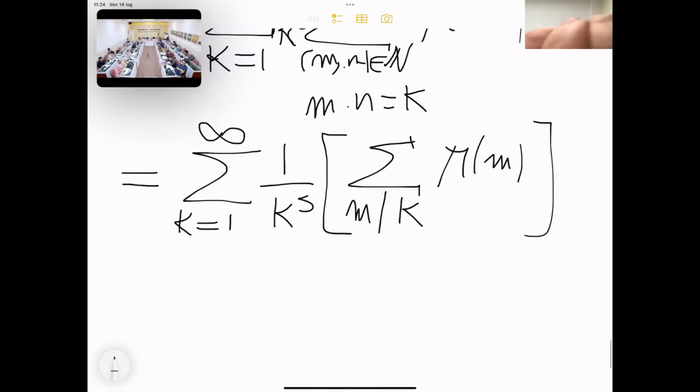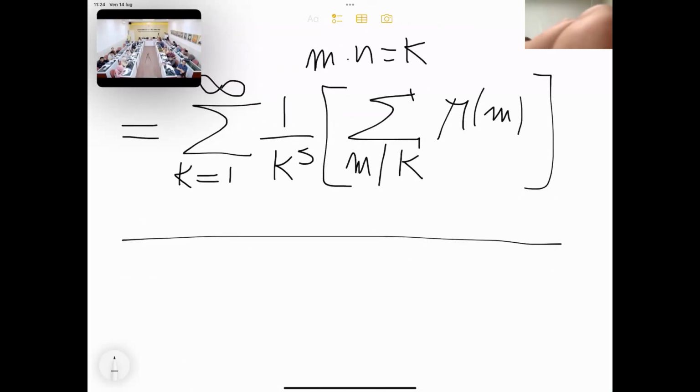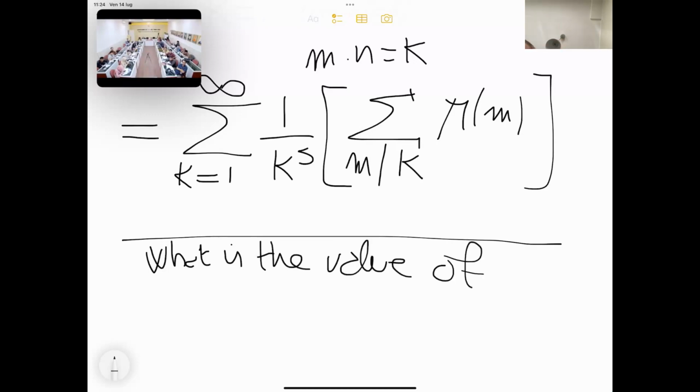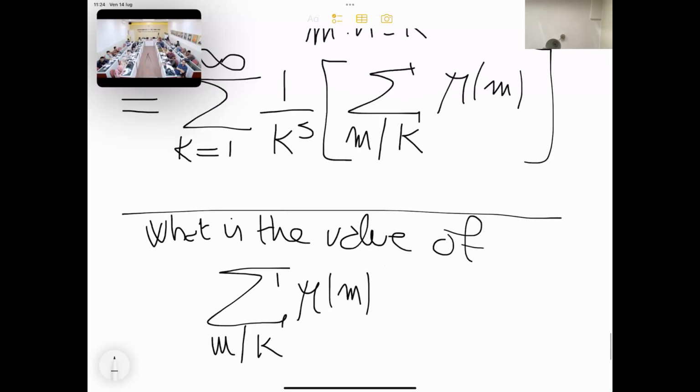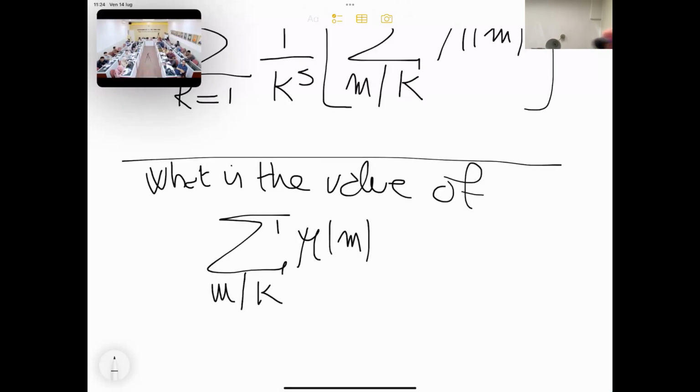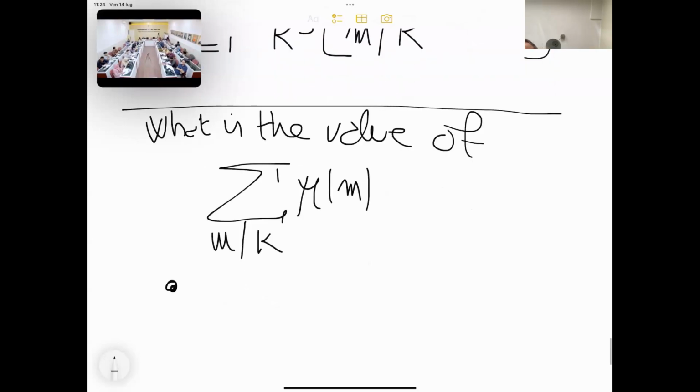Okay, so the question is, what is the value of the sum over m dividing k of mu of m? Well, let's make one observation. The first observation is the following.